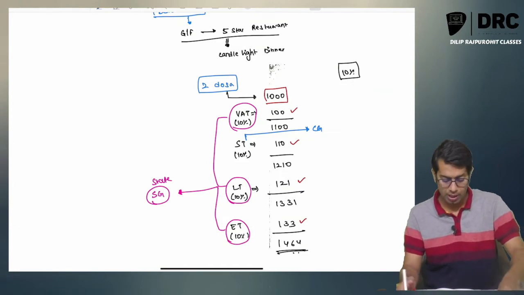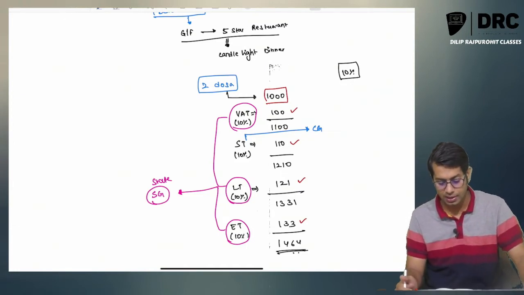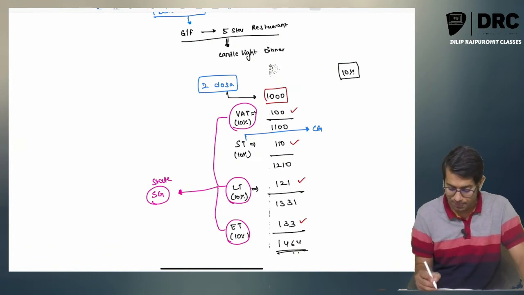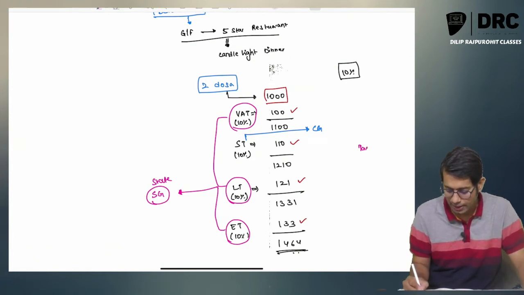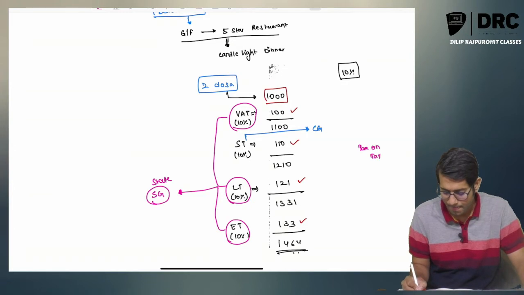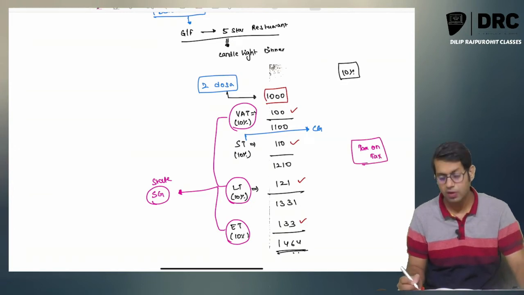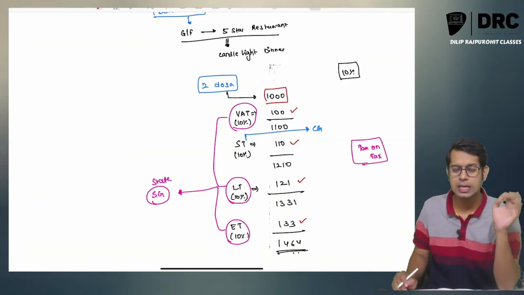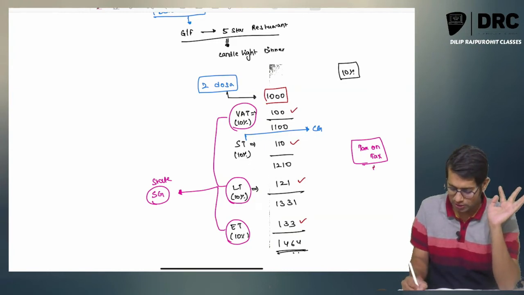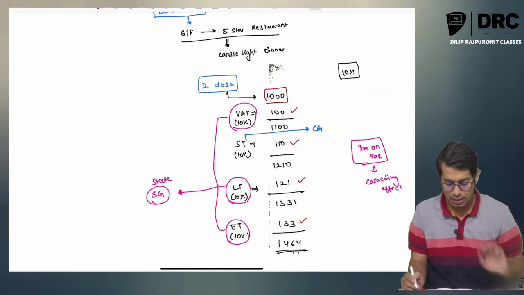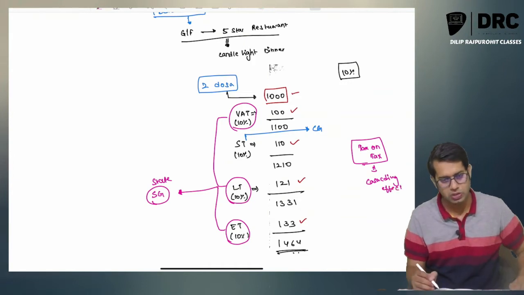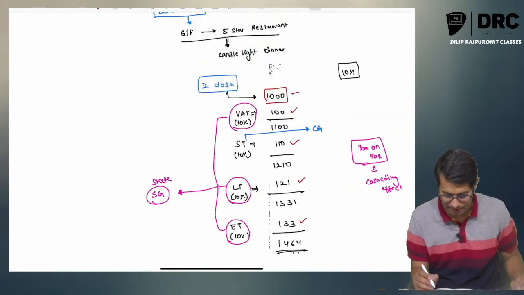Now, what is happening over here? If you see properly, actually you are paying tax on tax. Point number 1. One of the biggest deficiencies was tax on tax, also called the cascading effect. Meaning, first on 1000 rupees you paid 100 rupees as tax.